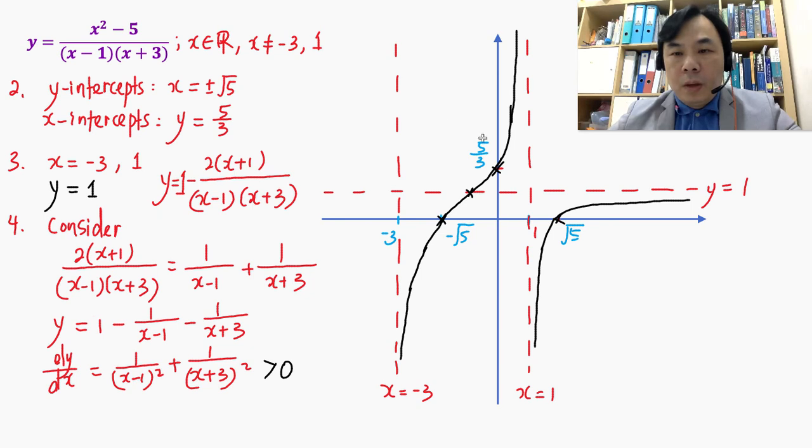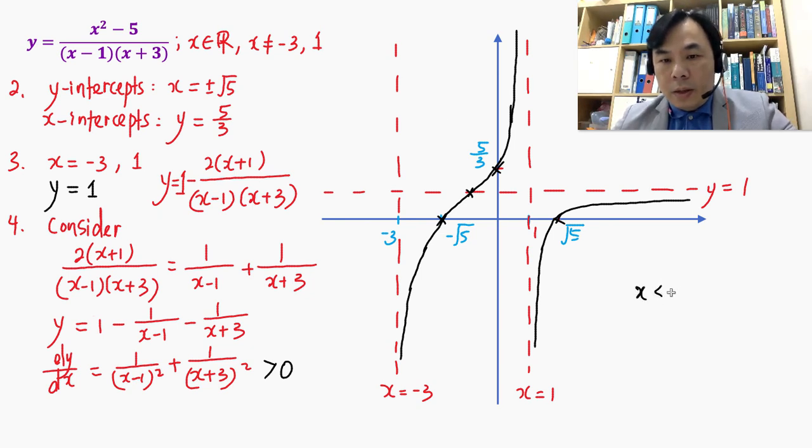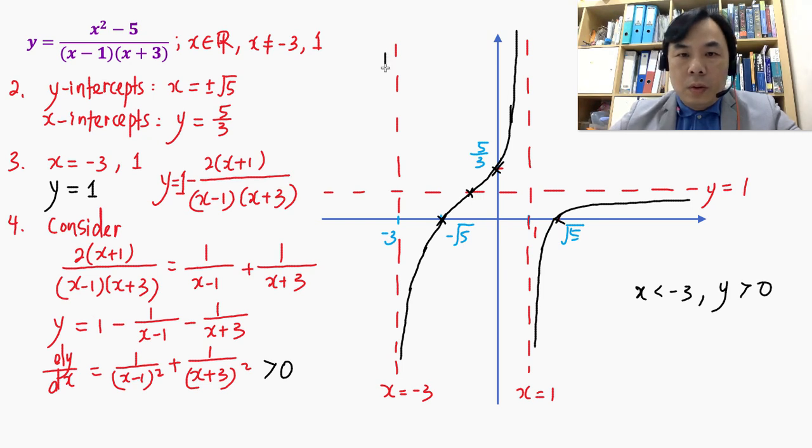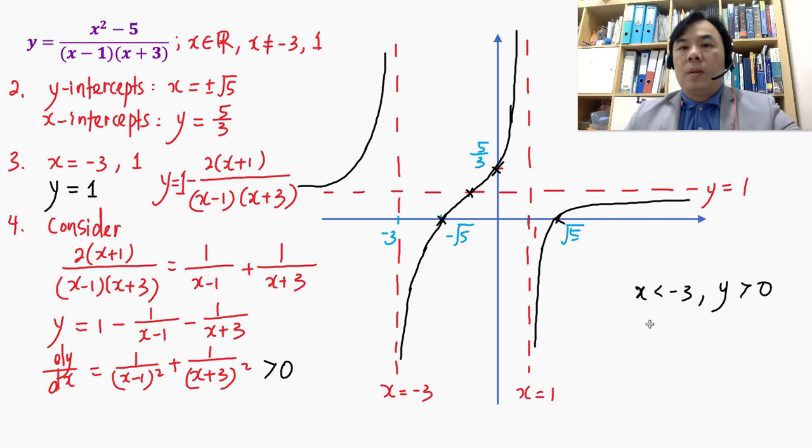So therefore, for x less than negative 3, y will be positive. So therefore, the graph would basically be up here. Alright, and then there you have it. That is the graph for these improper fractions. Okay, I hope that is clear at this point.